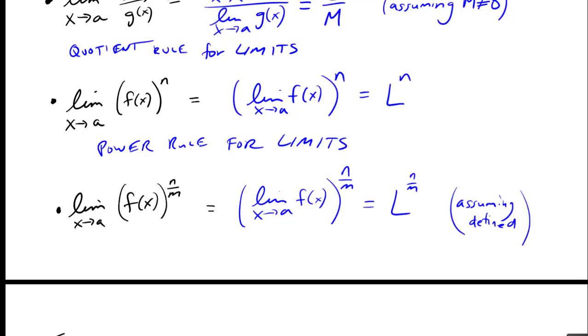So we might be taking even roots of negative numbers, which we can't do in the reals. Okay, and this is, we could call it the fractional power rule for limits.